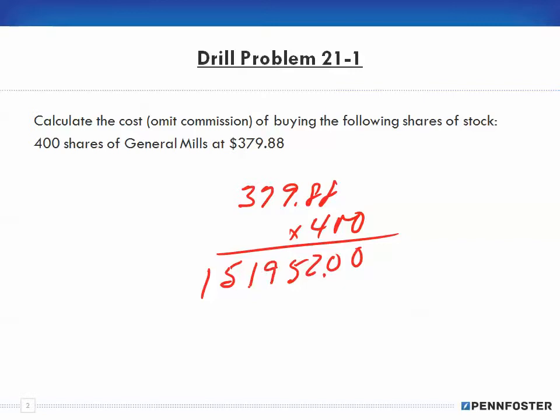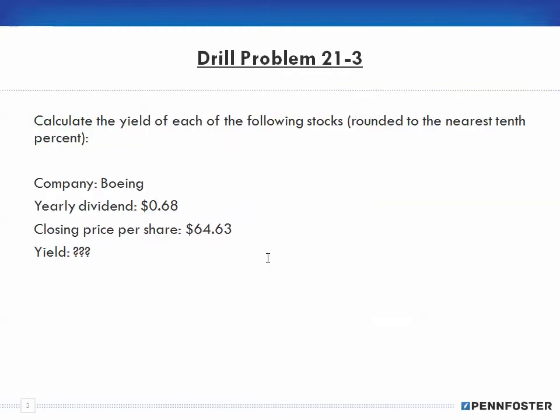So we're talking about $151,952. So it's the price of the stock times the number of shares. Really simple.